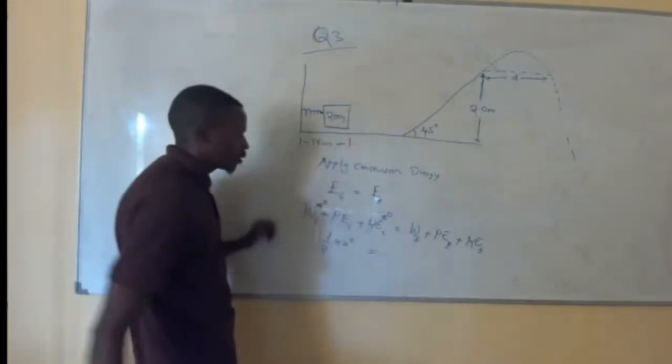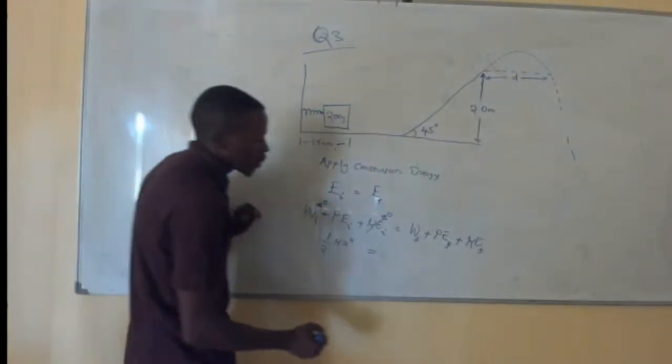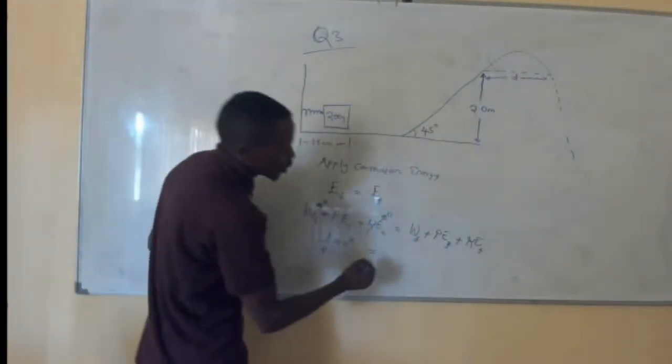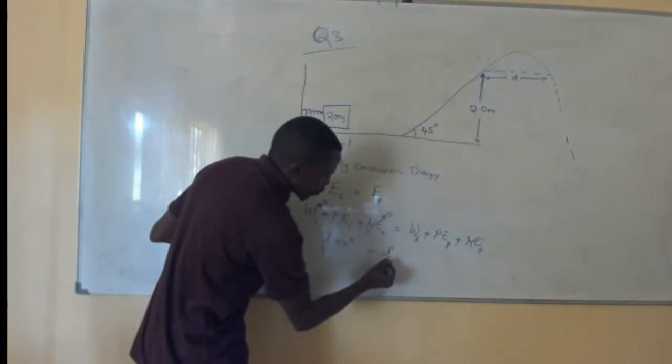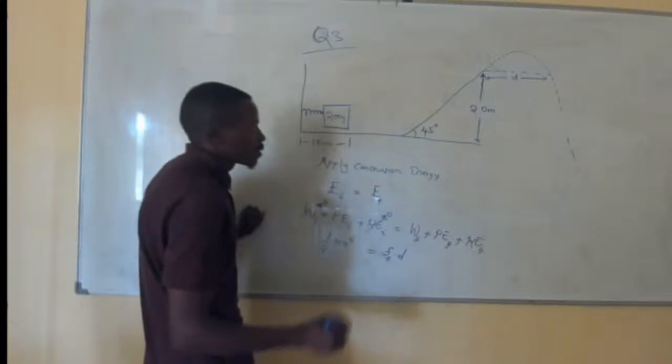Then that should give us the final work done against friction, which is the frictional force times the distance.